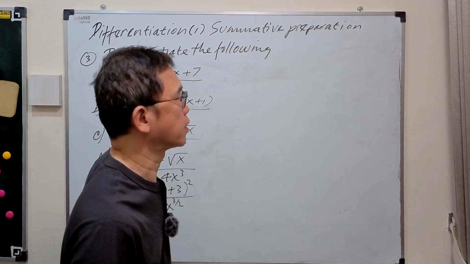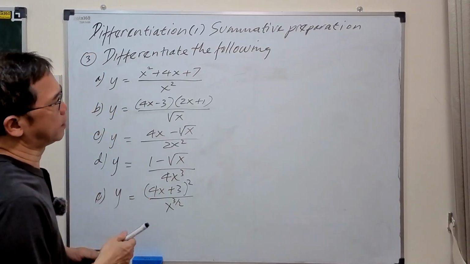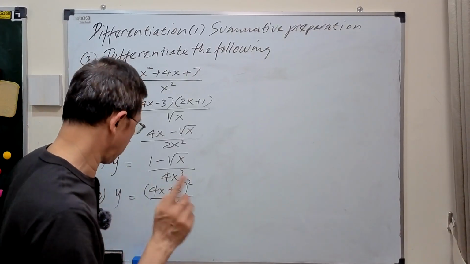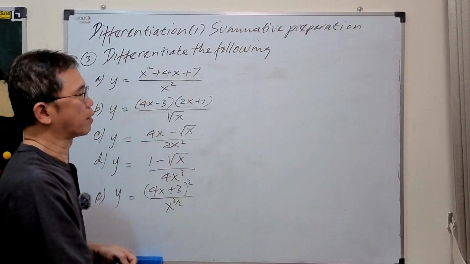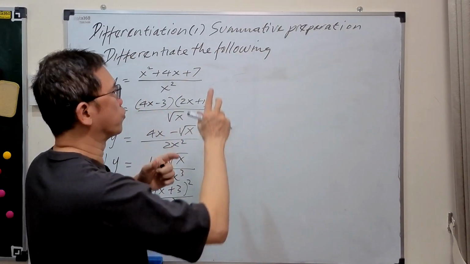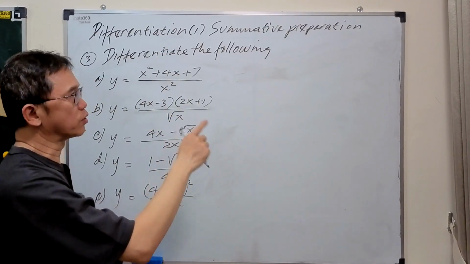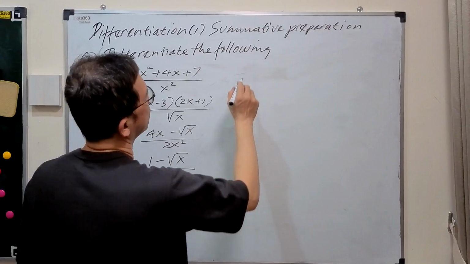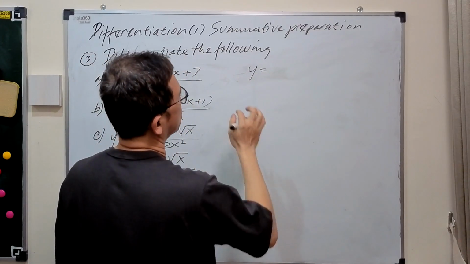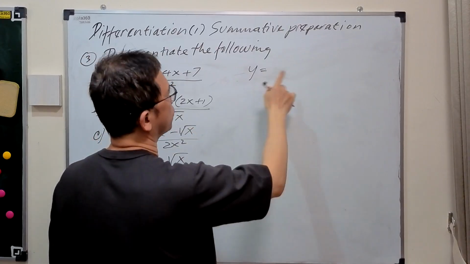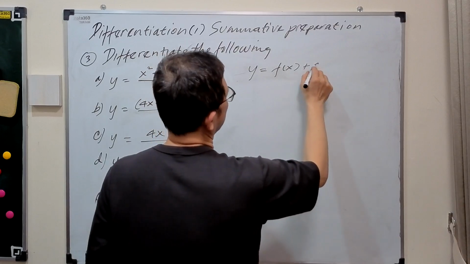Okay, guys, let's continue with number 3. The thing is, you need to know that every time you find the derivative, you have to make sure that every expression is ready to be differentiated. Mostly, if you do differentiation, make sure all of them are ready to be differentiated.